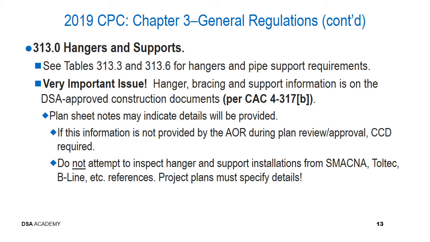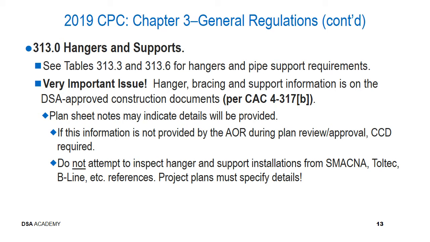Because it is a structural consideration, and all structural changes or modifications or additions have got to be reviewed and approved by DSA. So the best advice I could give would be to not ever attempt to inspect hanger and support installations from SMACNA manuals, Toltec, Beeline, etc. Any of those standard references which show generic support, hanger, and bracing requirements cannot be utilized to inspect from.